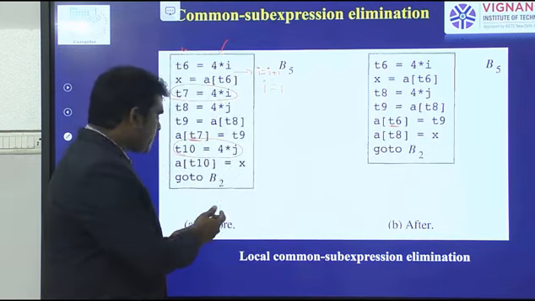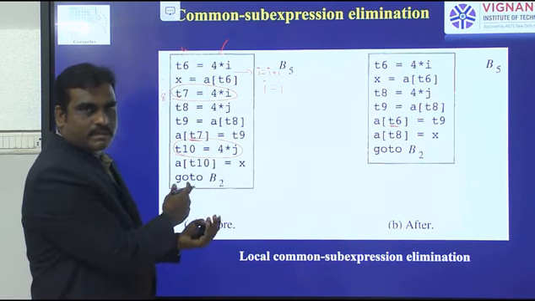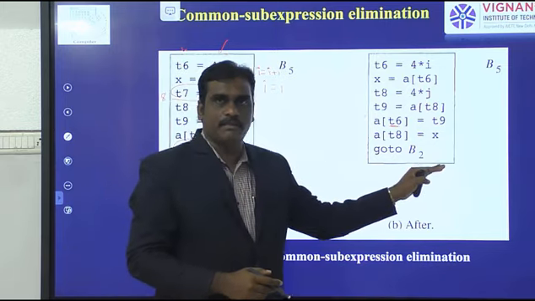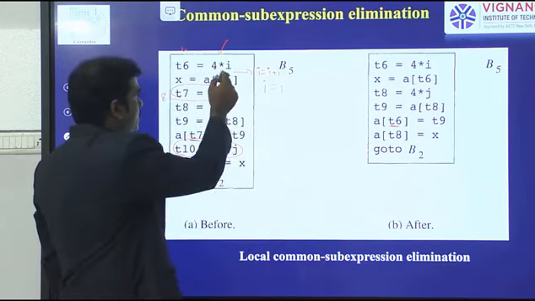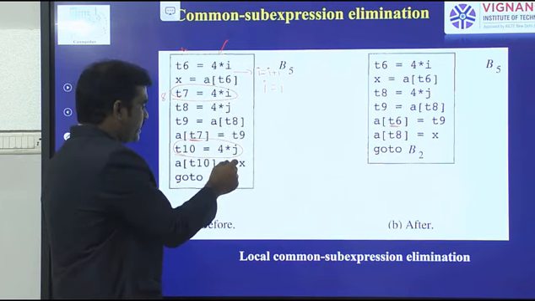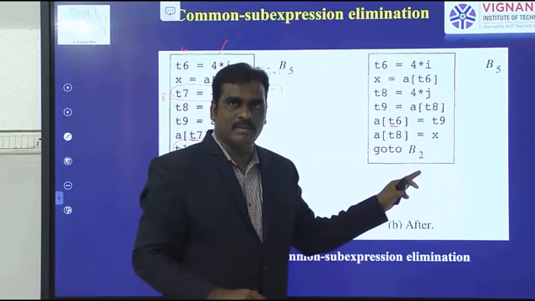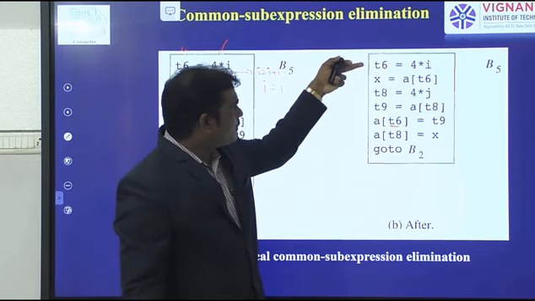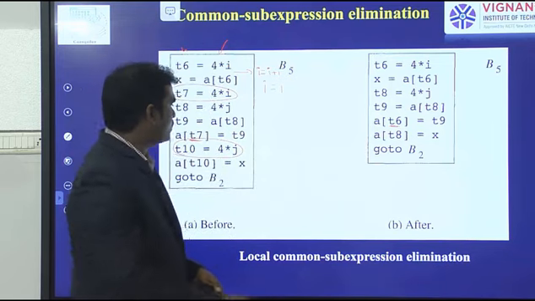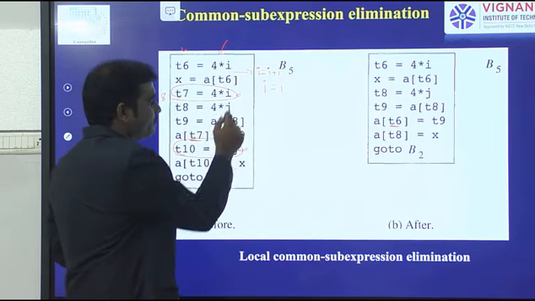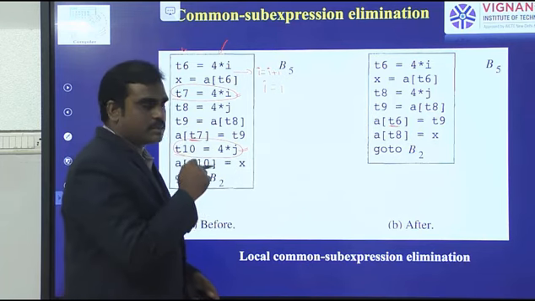So this is before applying the local common sub expression, and this is after applying local common sub expression. In this case, 1, 2, 3, 4, 5, 6, 7, 8, 9 statements are there. After performing the local common sub expression, we got 7. We have reduced 2 statements. These two, 4 into I, 4 into I. Like that, this is block 5.